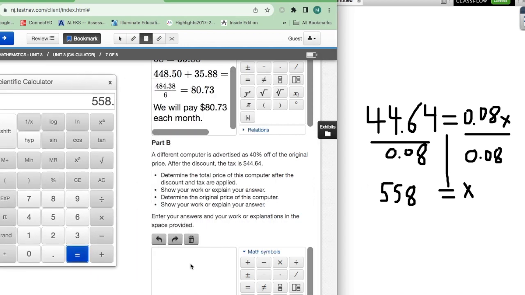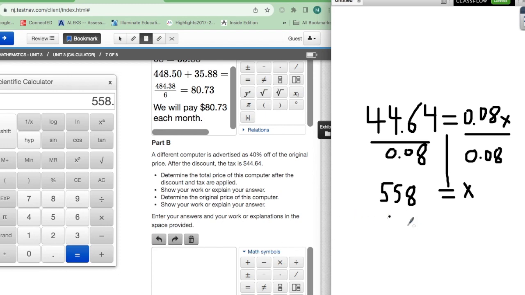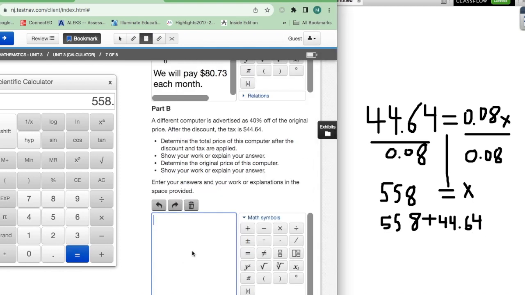All right. So that was after the discount, but it wants the total price. So we'll have to add that to 44.64, plus 44.64. All right, so let's start typing this in.